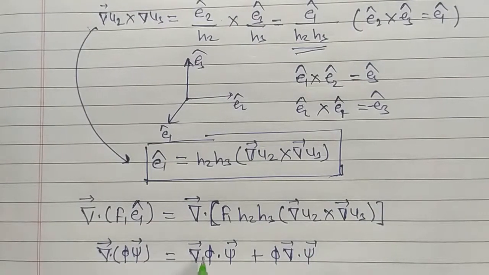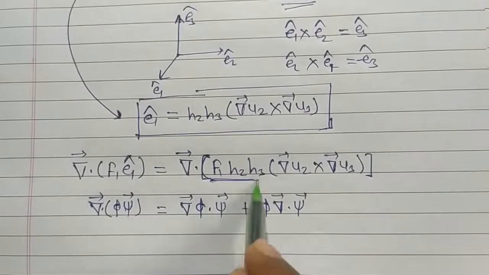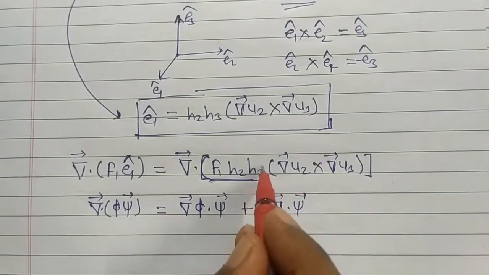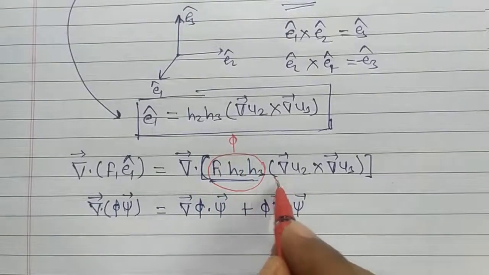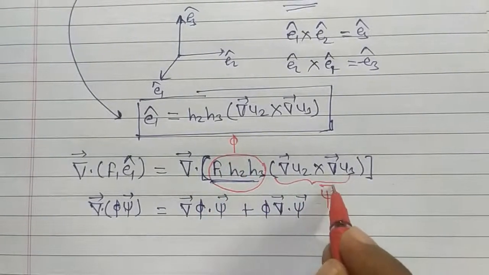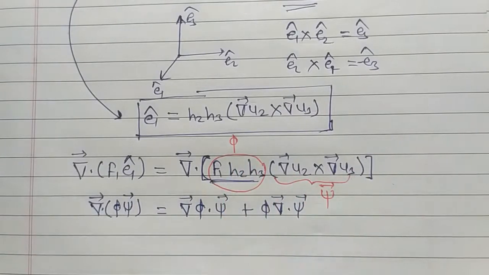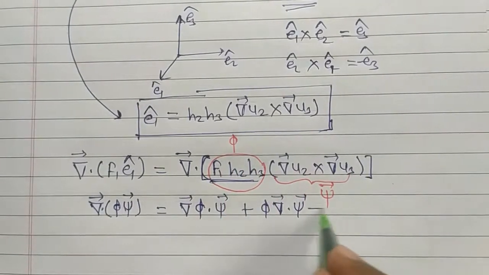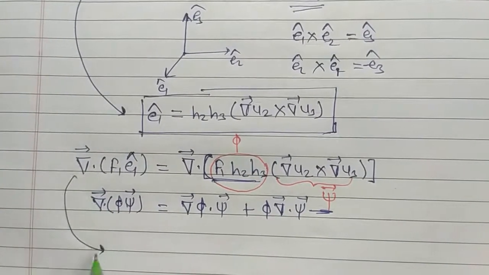Here you can see del bar is operating on phi. Using this, you can consider this quantity as phi and this quantity as psi, because it is a vector and the other is a scalar.